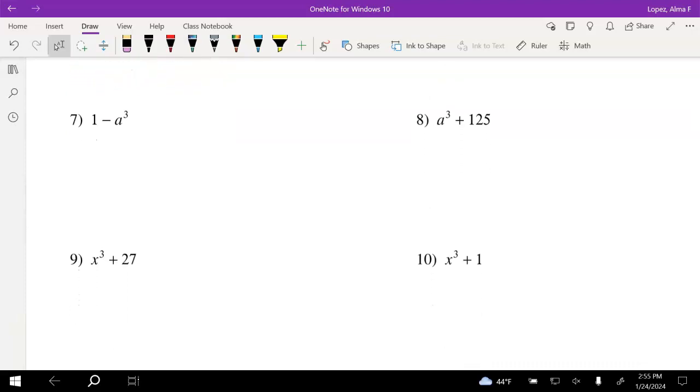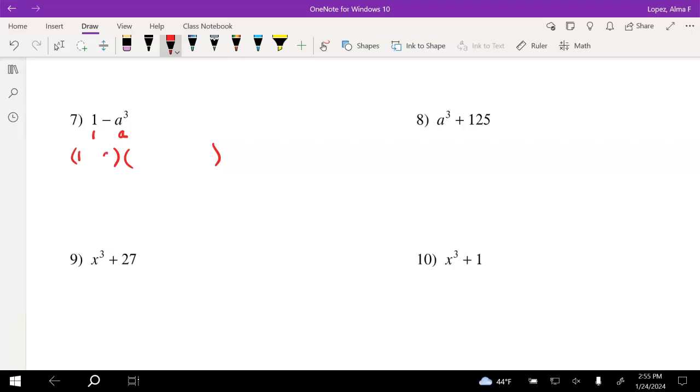1 minus a cubed. I'm going to start off by identifying what's being cubed. That is a 1 that's being cubed. And that is an a that's being cubed. Now you can't rewrite it. This is the order that it's in and that's how you take care of it. But you do exactly the same thing. We're going to have a 2-term phrase and a 3-term phrase.